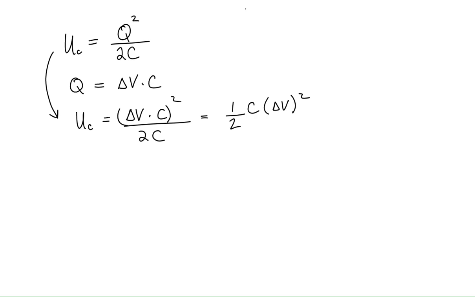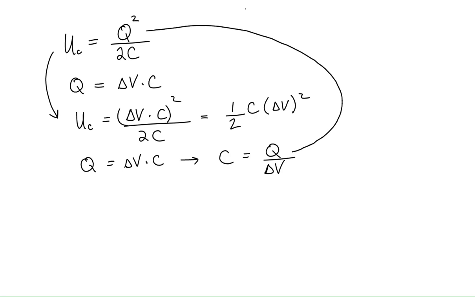And now let's do one last thing. Let's find the potential energy in terms of charge and the potential difference. So this again is just starting with the definition of capacitance. But this time, let's express capacitance in terms of charge and potential difference. Let's take this expression and plug into what we derived for the potential energy.